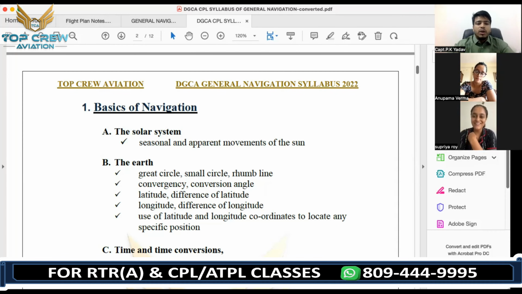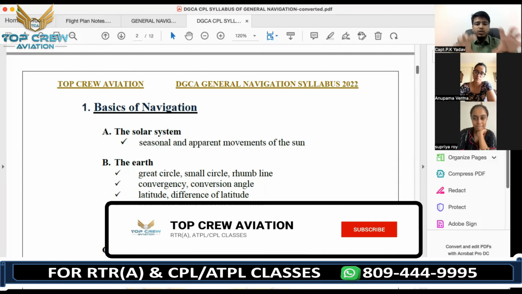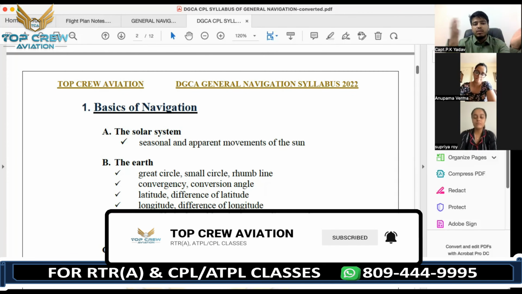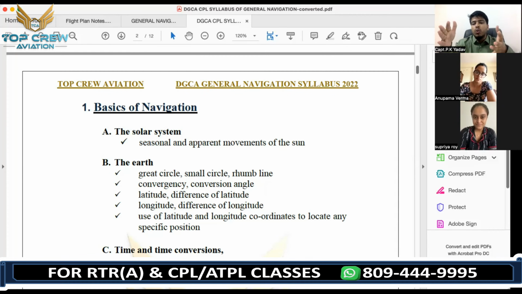Yeah. All right. So see, navigation is a combination of 4 subjects for CPL: performance, radio navigation, general navigation, and instrumentation. Today we would cover what we study in the basics of navigation. Overall, we call it general navigation. Everything is in general.